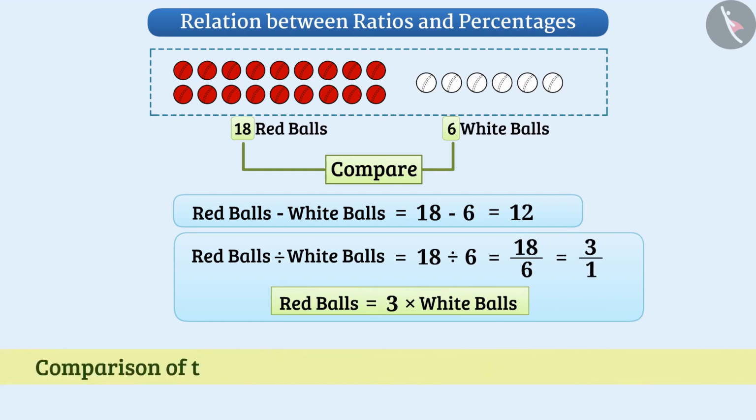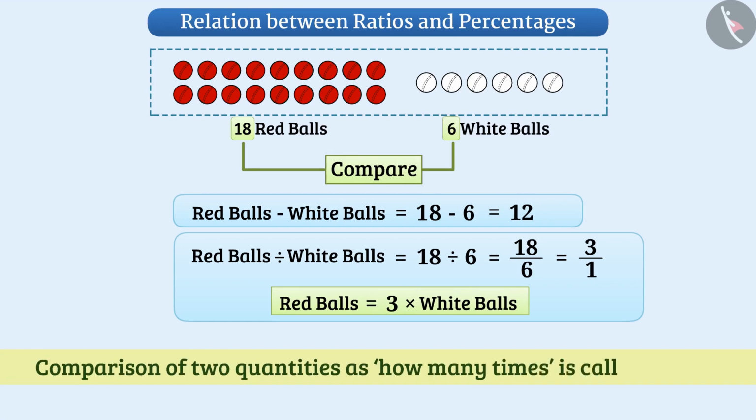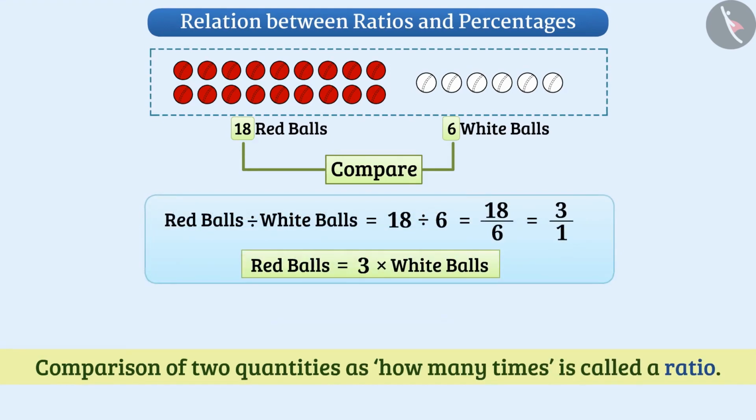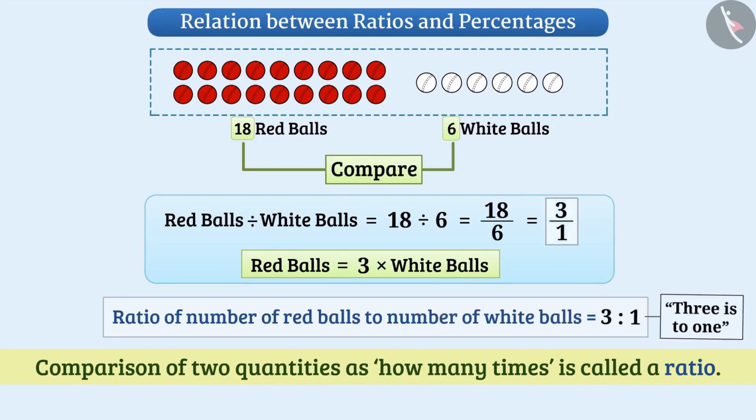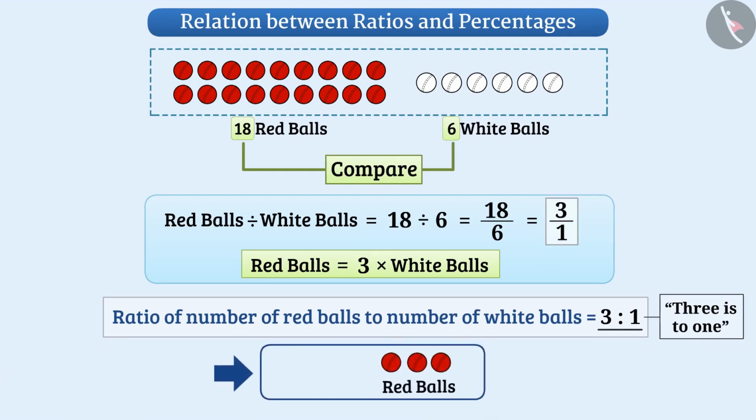Comparison of two quantities as how many times is called a ratio. In this way, we can say that the ratio of the number of red balls to the number of white balls is equal to 3:1, which means there are 3 red balls compared to 1 white ball.